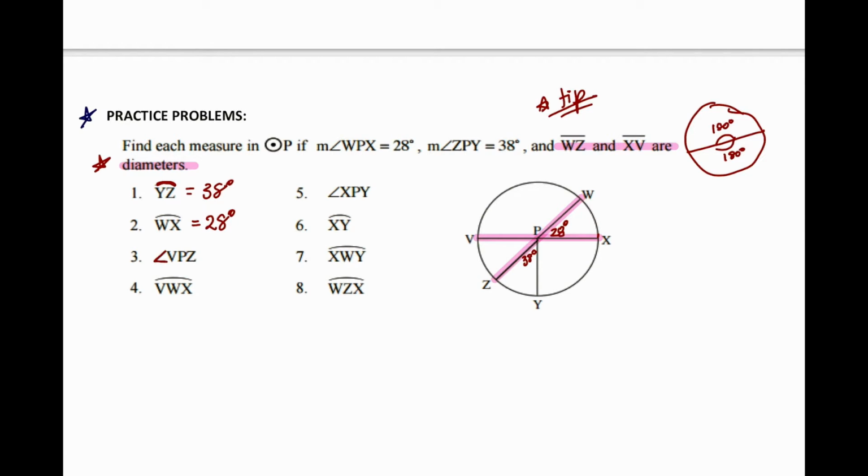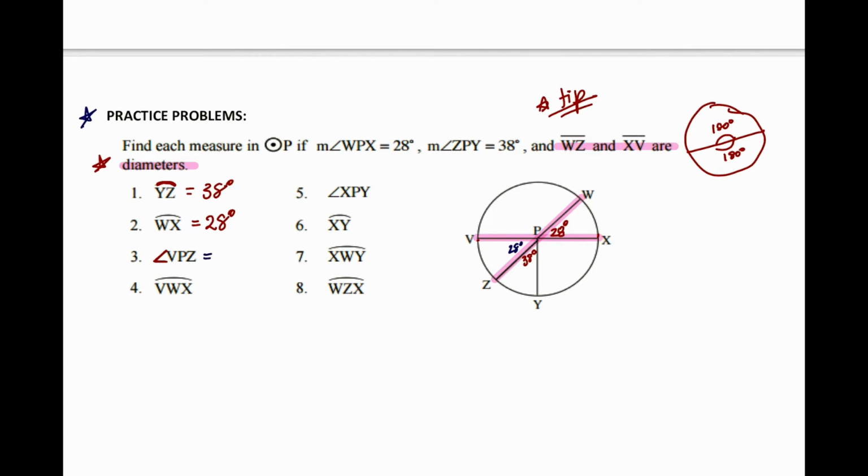And the next one is asking for angle VPZ. This one, VPZ, it's really important that you follow the letter order, VPZ, this one. I know that that one, I'm going to do a different color, is 28 degrees because it's a vertical angle to the other side. Therefore, it's also 28 degrees. Again, these two are vertical angles, okay?